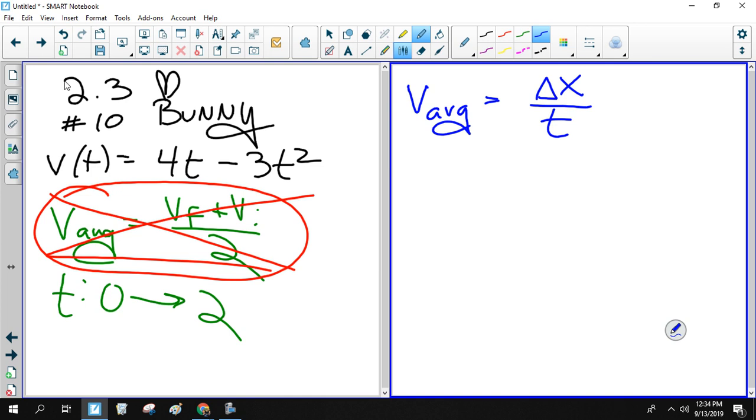Right, so remember, we're looking for not position, but change in position, right? Between point A and point B, between 0 and 2 seconds. So we're going to take an integral, but more specifically, what kind? Definite integral, right? Because we've got these two fixed endpoints. Follow? So here we go.